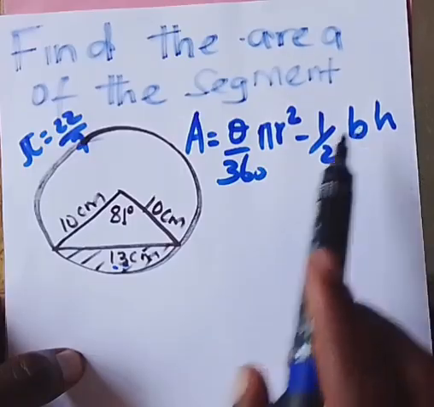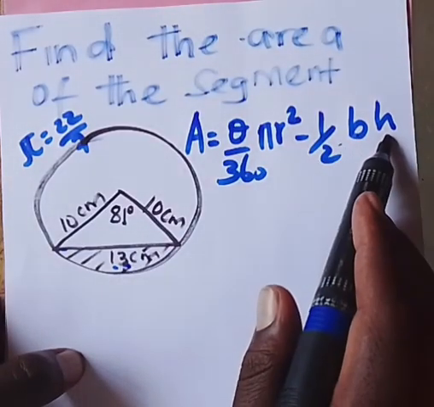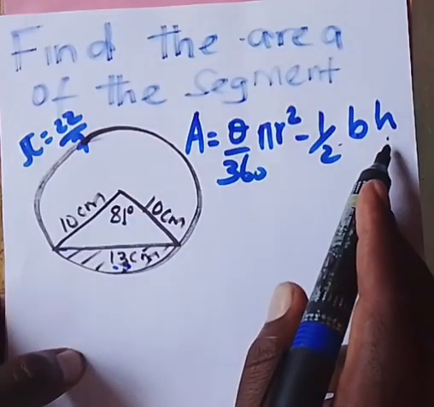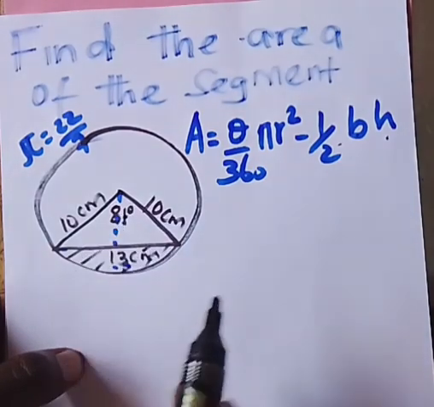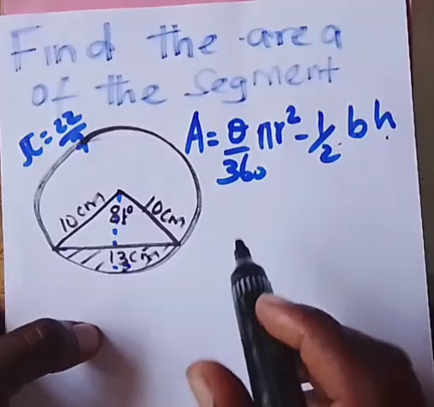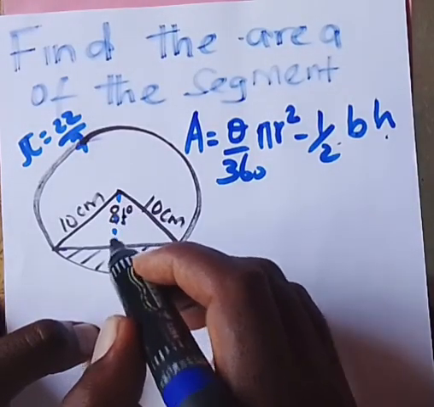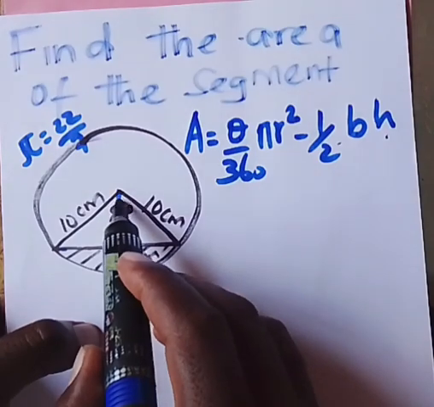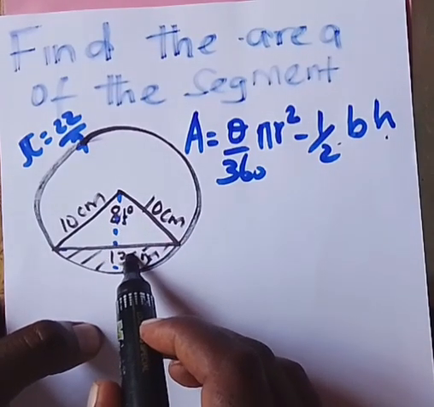Half times base. Base, we said it is the chord, which is 13, times the perpendicular height. Do we have the perpendicular height, which is supposed to be here? No. So we will first of all calculate the perpendicular height of this triangle. So now, if you take a section of this triangle with the perpendicular height, you will realize that if you drop a perpendicular height here, it will divide 13 into 2.